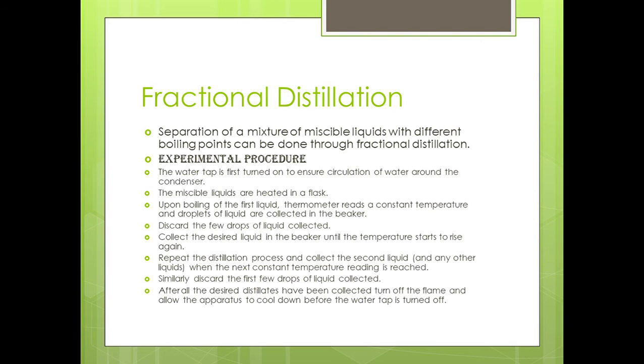Discard the first few drops of liquid collected. Collect the desired liquid in the beaker until the temperature starts to rise again. Repeat the distillation process and collect the second liquid and any other liquids. When the next constant temperature is reached, similarly discard the first few drops of liquid collected, and after all the desired distillates have been collected, turn off the flame and allow the apparatus to cool down before the water tap is turned off.